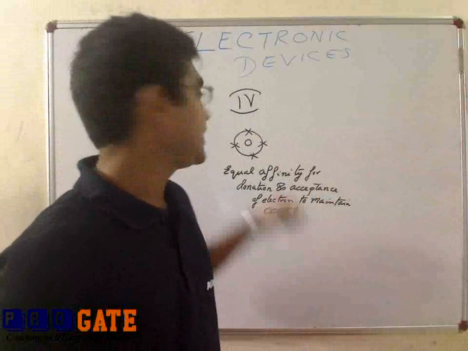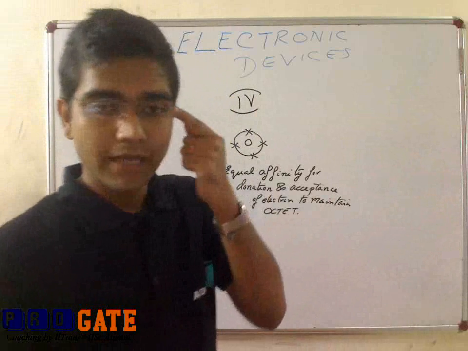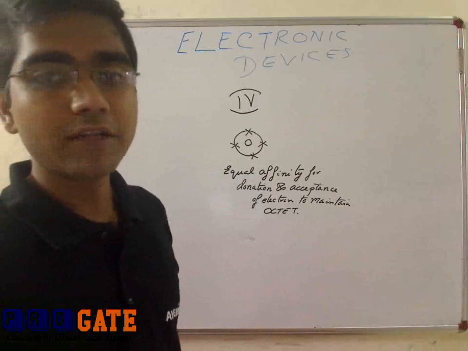So what a fourth group element essentially does is form something called a covalent bond.